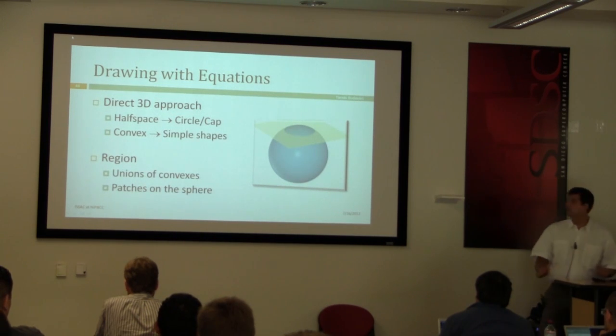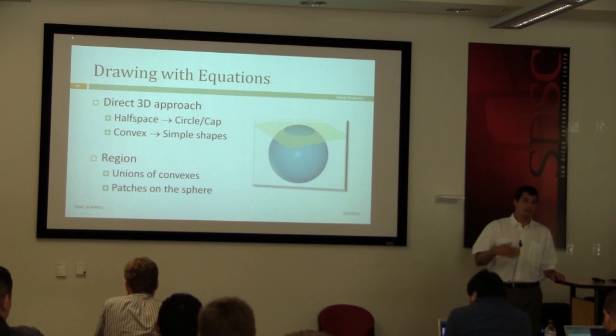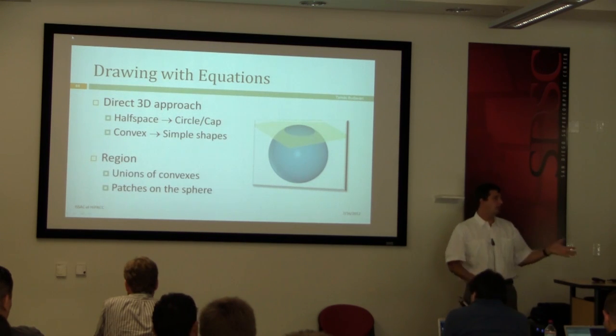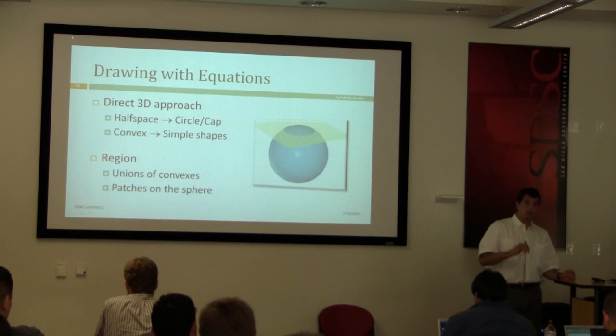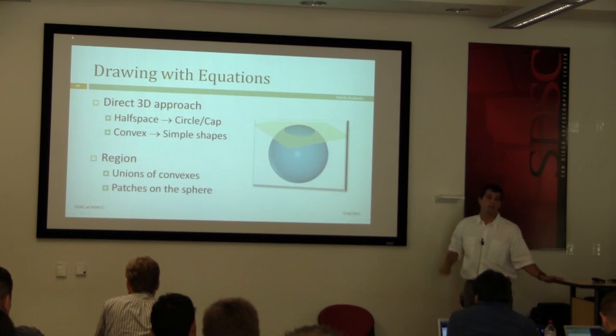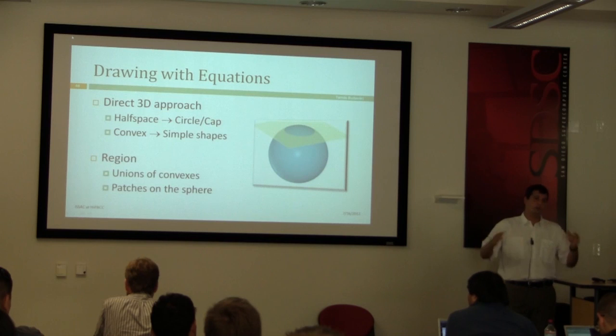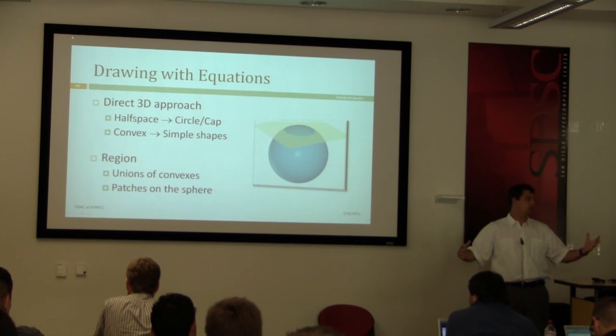Okay, so now the simple primitives, again similar to the sphere and the box that we had in 3D, to draw on the sphere are essentially the plane. If you take a plane and you cut the sphere with that, what you get is a cap, or on the surface of the sphere, you can call it a small circle.